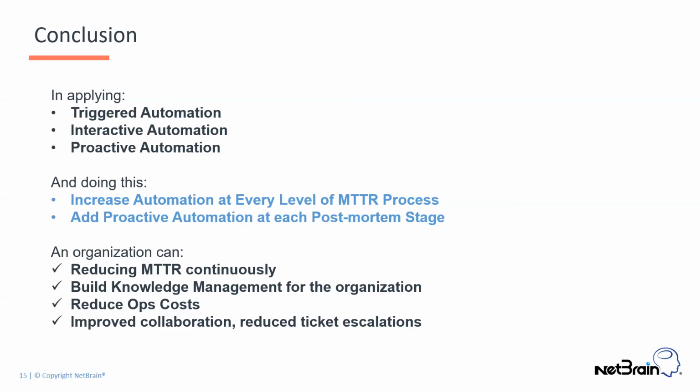And of course, to reduce operational costs associated with network troubleshooting, typically the biggest time consumer within NetOps. And then lastly, it greatly improves team collaboration, in my experience one of the biggest challenges within network operations.